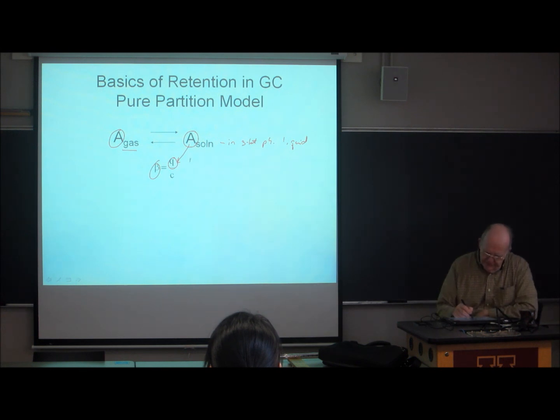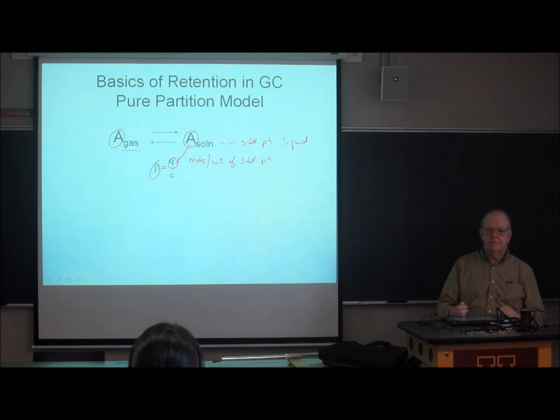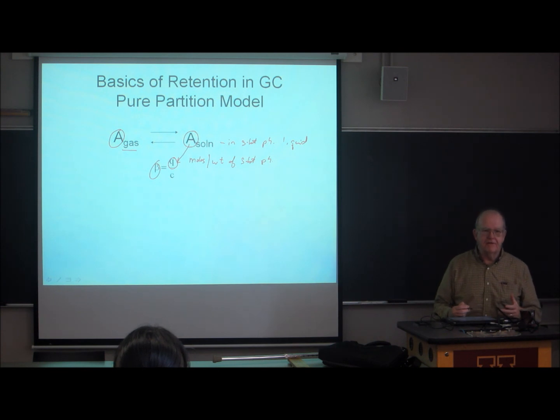So Q is moles of solute per weight of stat phase. You could convert this to moles of solute per unit volume of stat phase if you knew the density of the stationary phase. And then the units would cancel and this would be dimensionless.